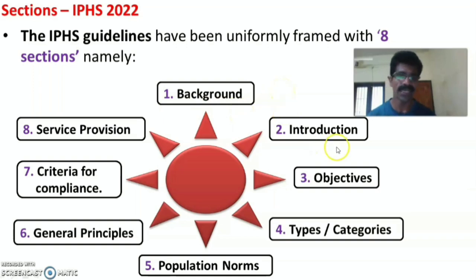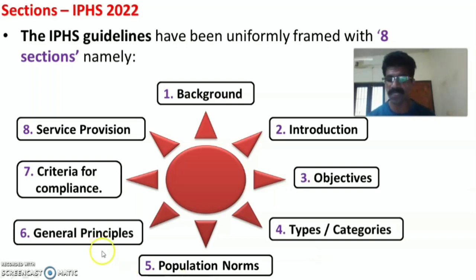The first is the background of the IPHS standards. Then the introduction of the topic, for example, why it was revised for the sub-center and what the reason was. Then the objectives, that is the key objectives of health centers. The fourth is the types or categories of health centers, that is, classification of health centers. Then the population norms or population coverage of that particular health center.